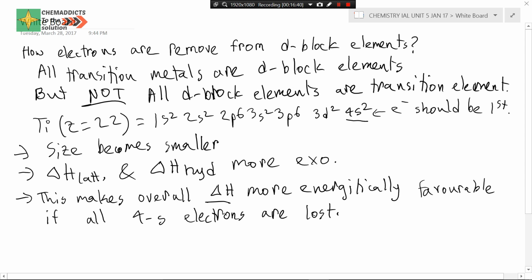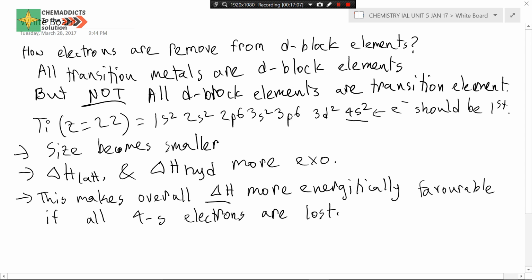So why should we remove electrons from the 4s subshell rather than the 3d subshell? Let's discuss. If we remove all the electrons from the 4s subshell, the size becomes smaller. That is point number 1.